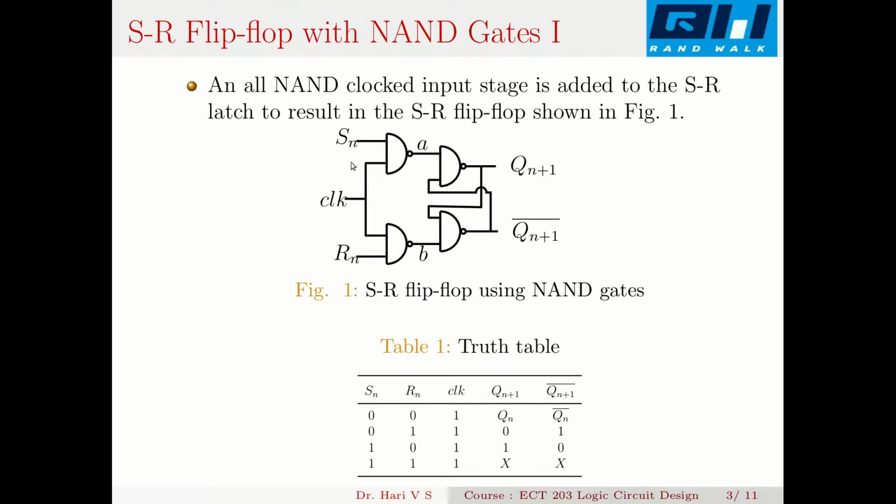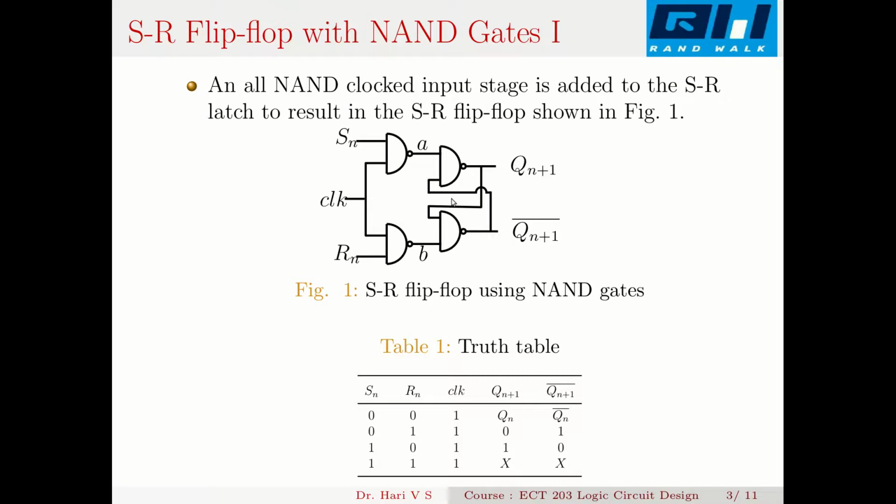Even if this Sn and Rn change, Qn plus 1 and Qn plus 1 bar need not change. What happens is it waits for the clock cycle. Only when this clock goes positive will the change in Sn and Rn be reflected at the output. So this is the previous input Sn and Rn, and this is the next state Qn plus 1 and Qn plus 1 bar.